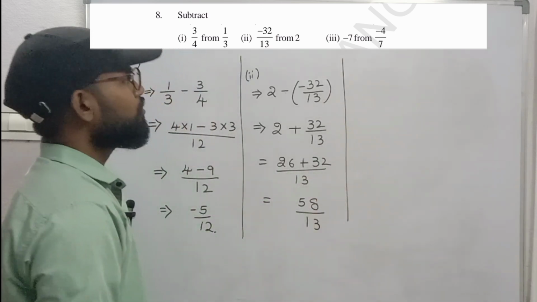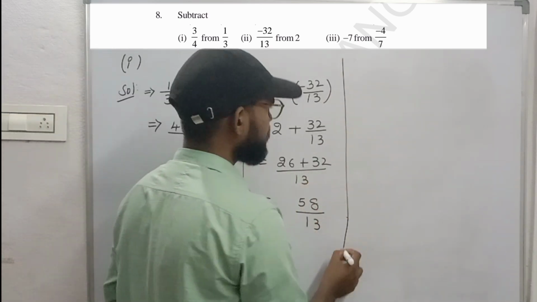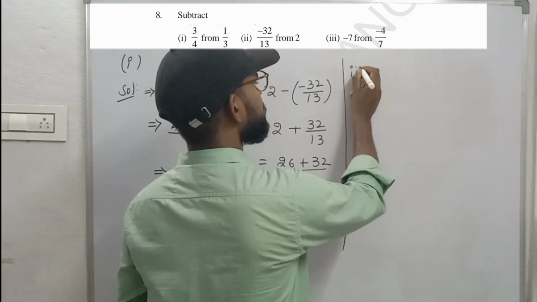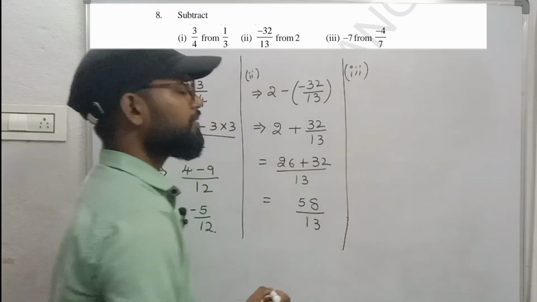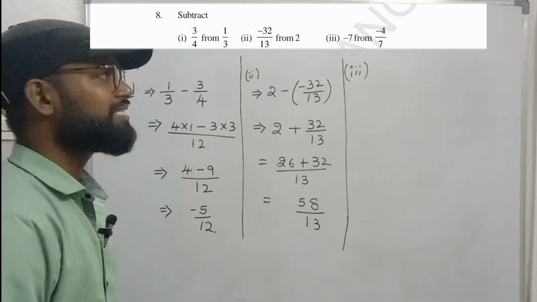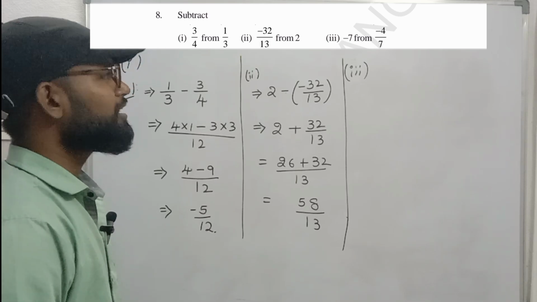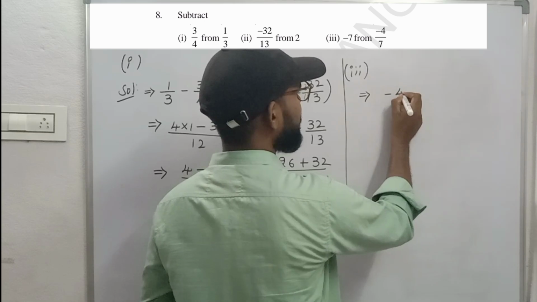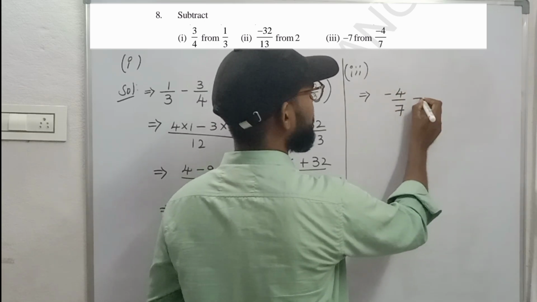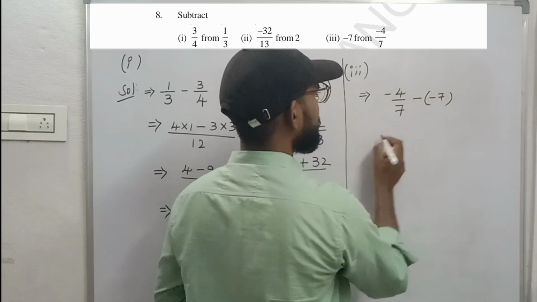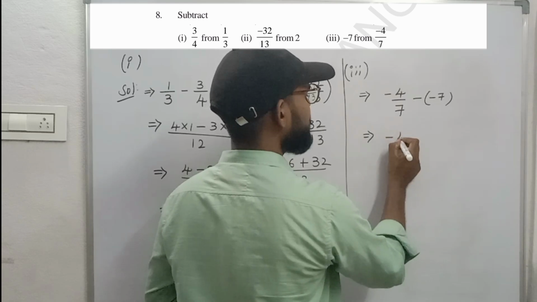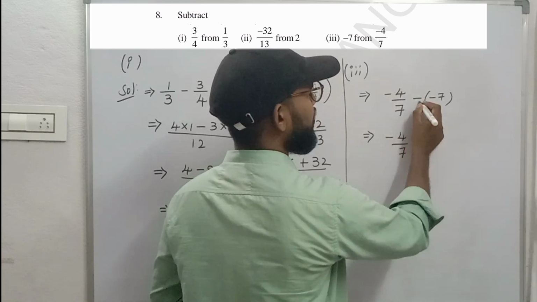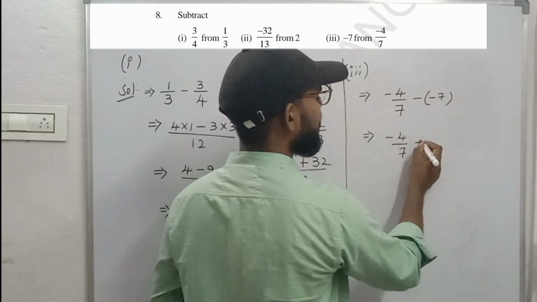Okay. Now I am going to solve the third problem. The third problem is also the same. Subtract minus 7 from minus 4 by 7. So first you have to write minus 4 by 7 and you have to subtract minus 7. So next step, minus 4 by 7 minus of minus, minus into minus is plus 7.